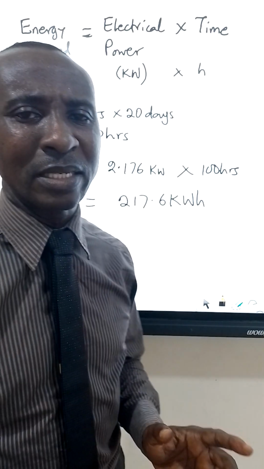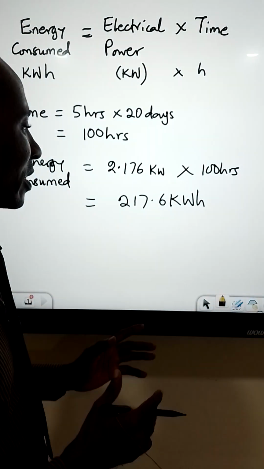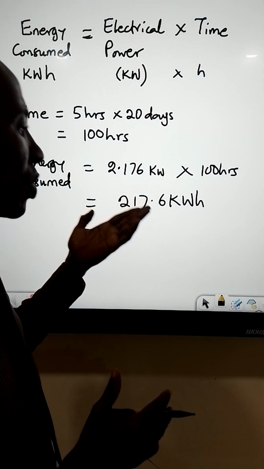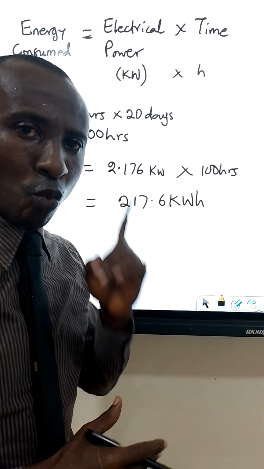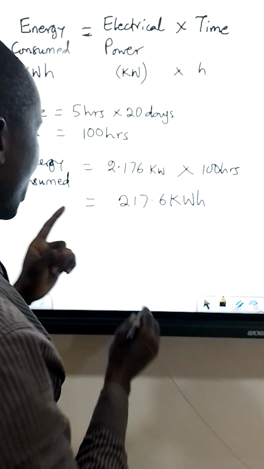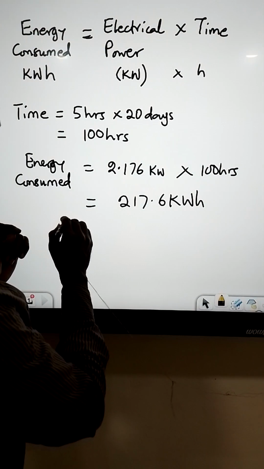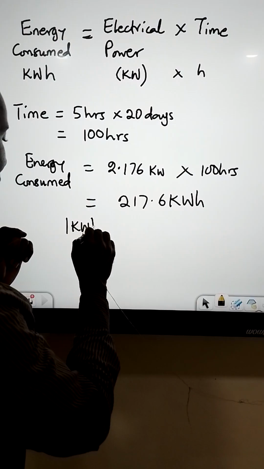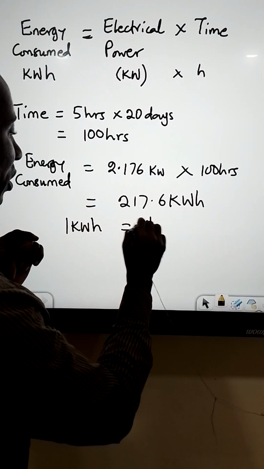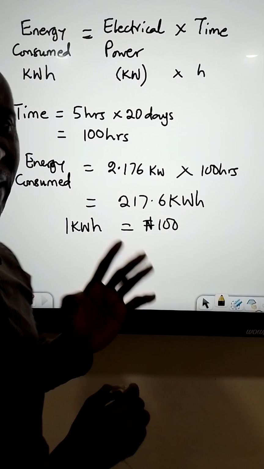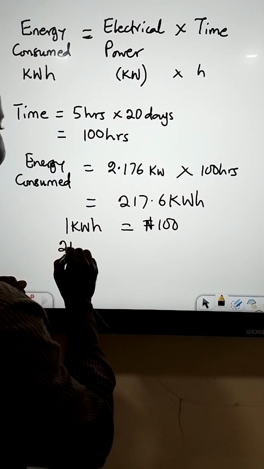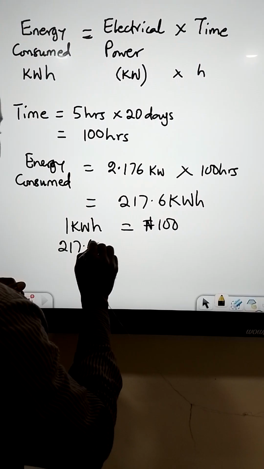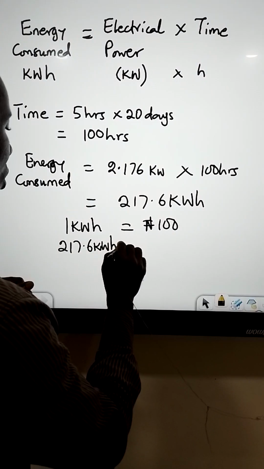But we are told that the PHCN actually sells a unit of your energy for 100 naira. Now, a unit is the same thing as just saying 1 kilowatt hour. What does it cost? We are told in the question it costs 100 naira. So, how much will 217.6 kilowatt hour cost us?